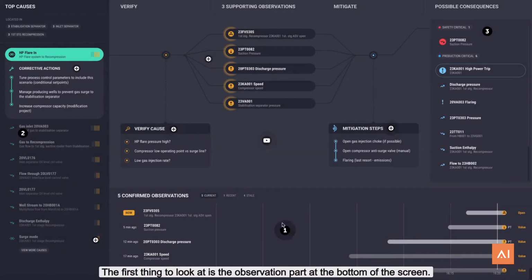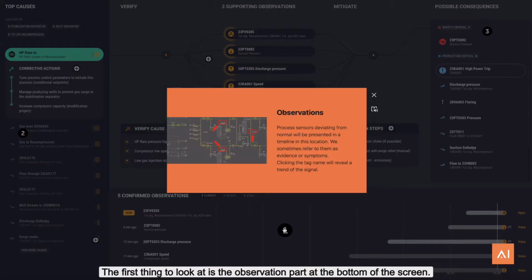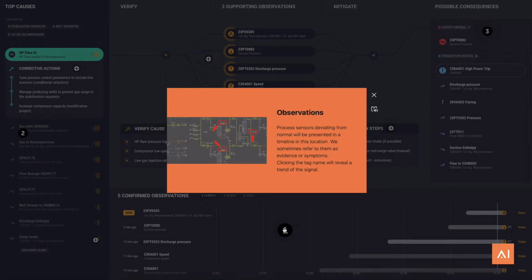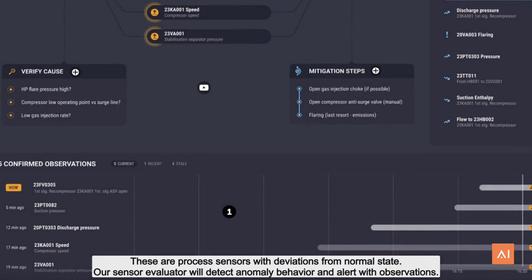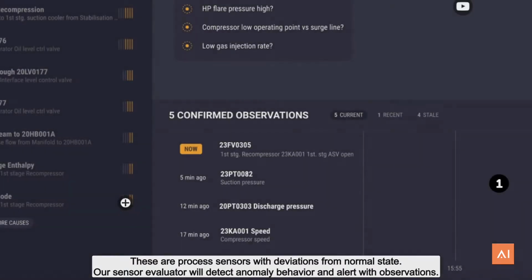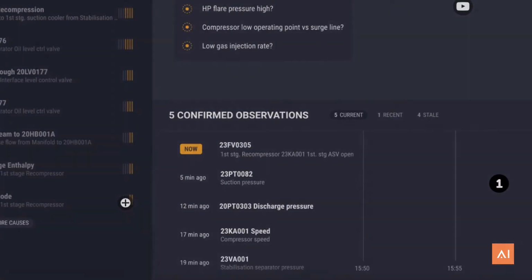The first thing to look at is the observation part at the bottom of the screen. These are process sensors with deviations from normal state. Our sensor evaluator will detect anomaly behavior and alert with observations.